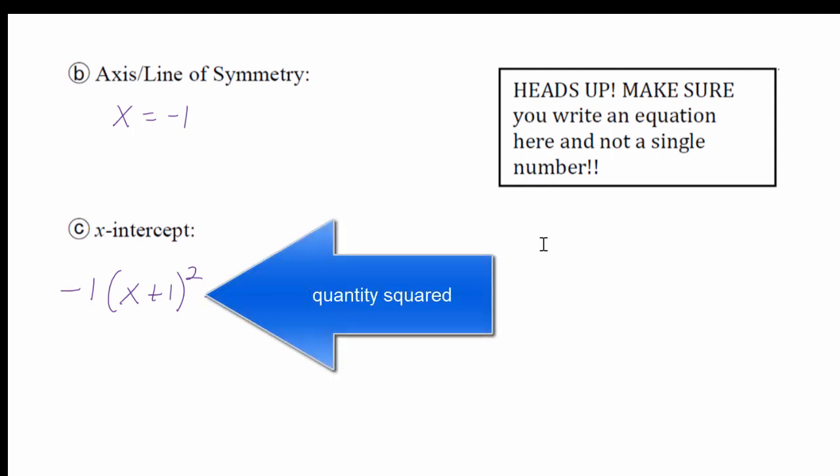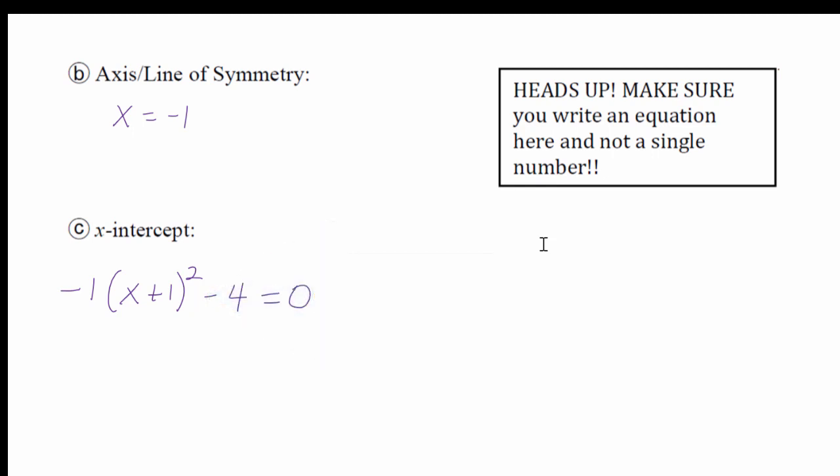And we saw that earlier in the chapter when we used the square root property. So I'm actually going to use the square root property. So let's move the negative 4 over. So we have negative 1 times x plus 1 squared equals positive 4. And then we're going to divide both sides by negative 1. And that's going to give us x plus 1 squared equals negative 4.